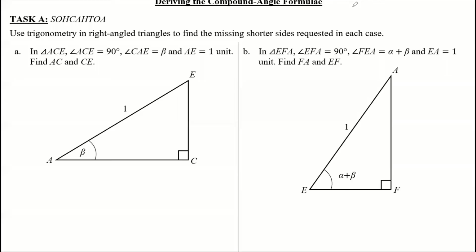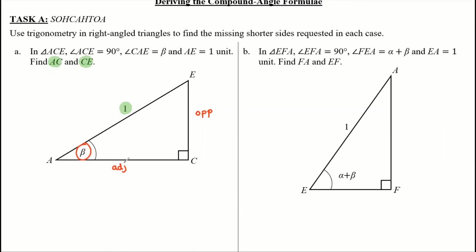Okay, so for A, we've got 1 as the hypotenuse, and we want to find AC and CE. So it's a bit of SOHCAHTOA, isn't it? Now then, hopefully this wasn't too much trouble. If I want to find AC and CE, I can label them first as the opposite, as in opposite to the angle labeled beta here. Okay, and this is the adjacent side.